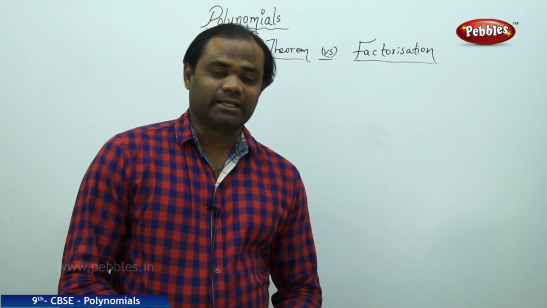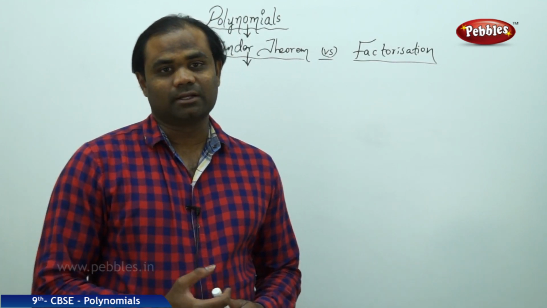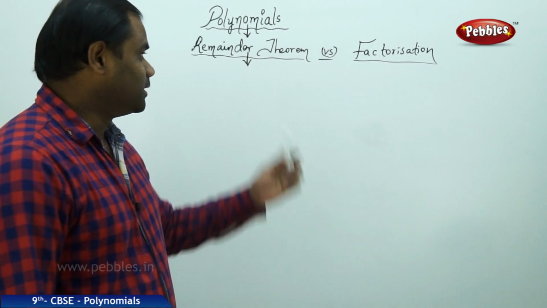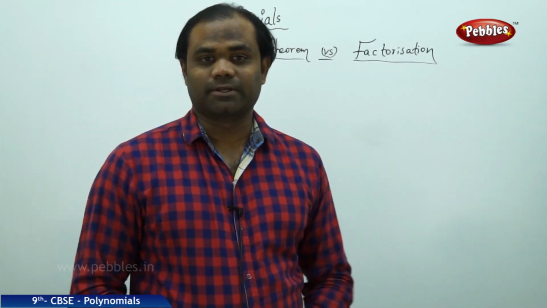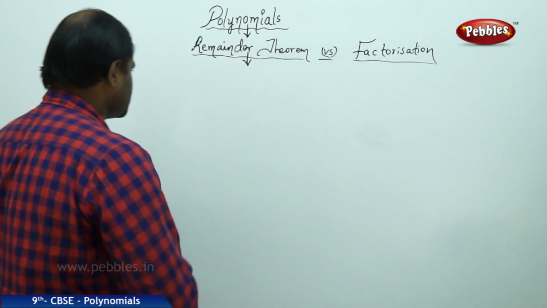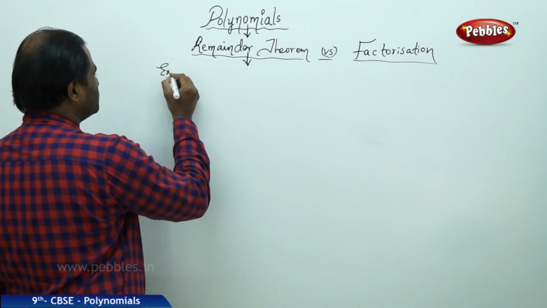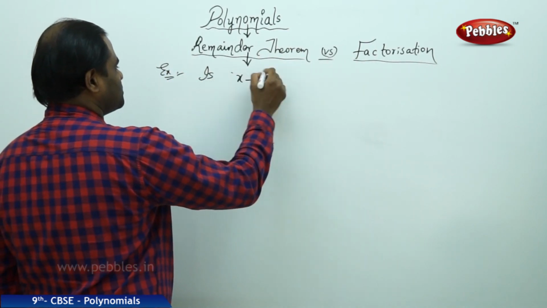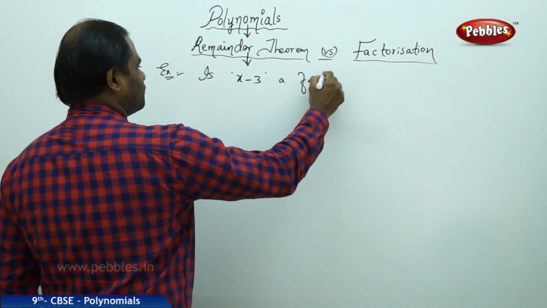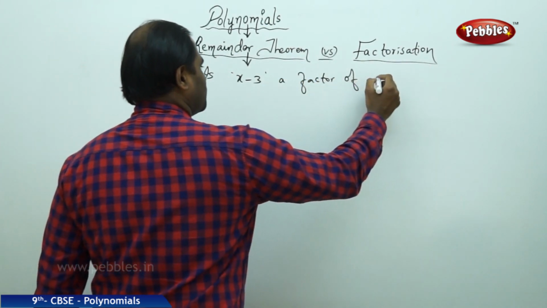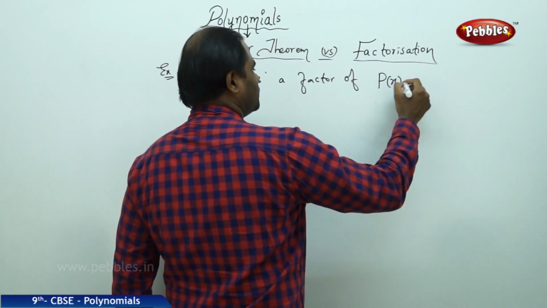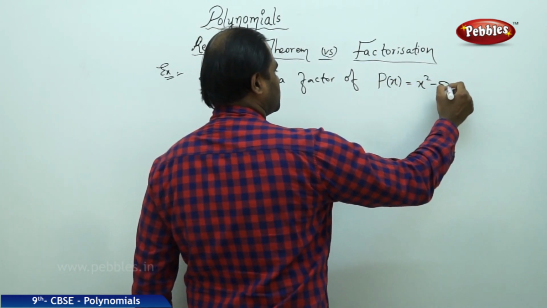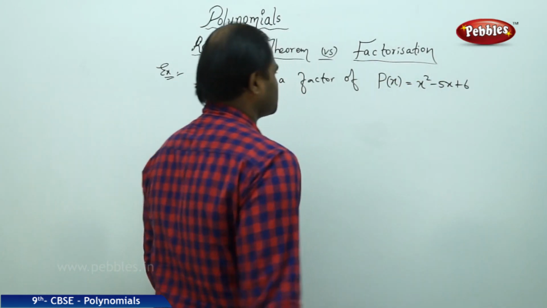Now let's take an example problem to understand the concept better. Remainder theorem versus factorization. If I have a question which says, is x minus 3 a factor of P of x equals x squared minus 5x plus 6?